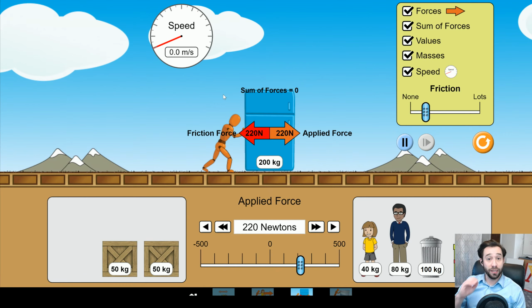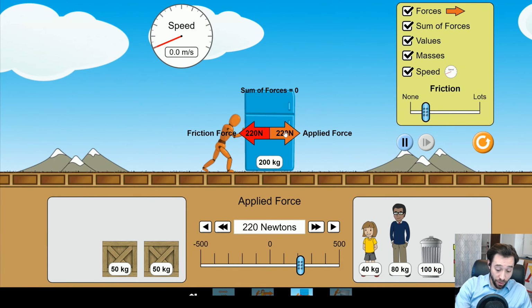So I know that even though I'm applying a force, the object's still not changing its state of motion, so there must be an equal but opposite force canceling mine out. If I'm applying a force and it's not changing its state of motion, my net force, the overall force, is 0. And that's what we can see here. The sum of the forces is equal to 0. Cool?